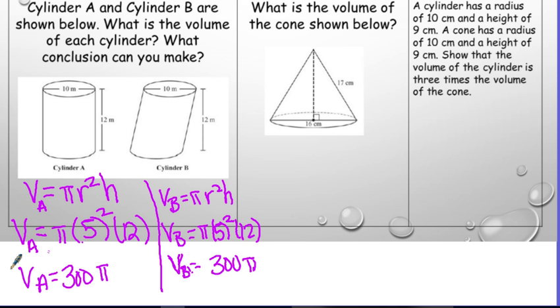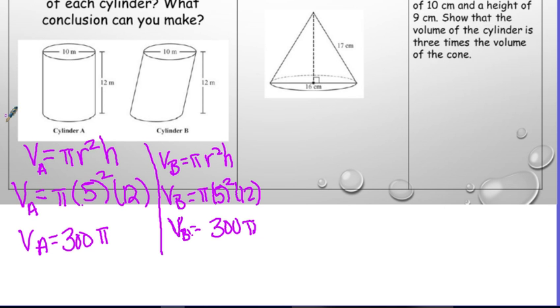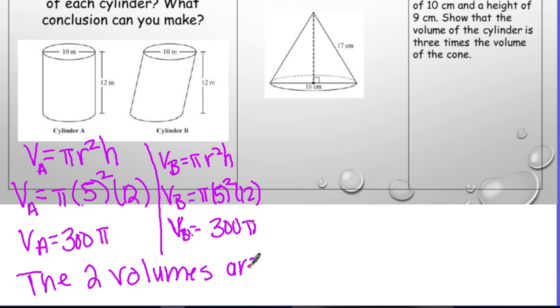It tells us no matter what happens, as long as the area of the base of the two figures are the same and they have the same height, it doesn't matter what you do to them. You can bend them up, turn them around, flip them over, whatever. The two volumes will be the same. So we can say our conclusion is the two volumes are the same.